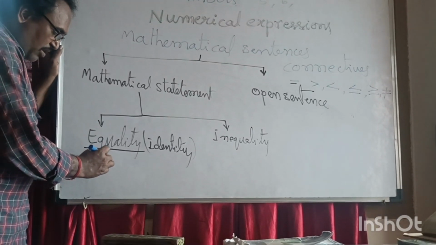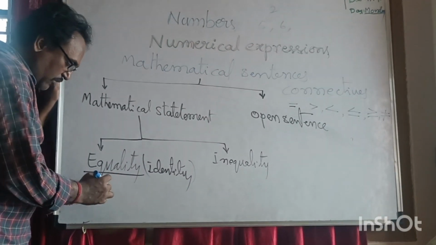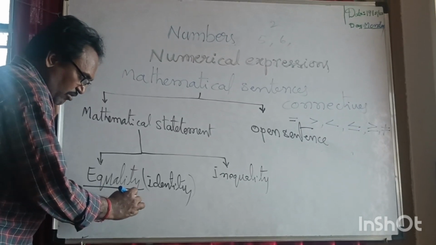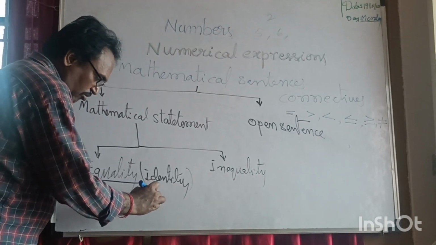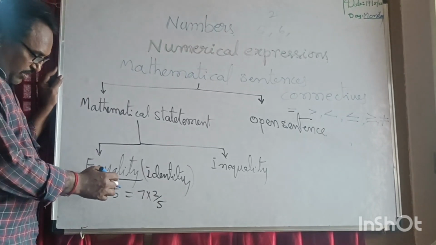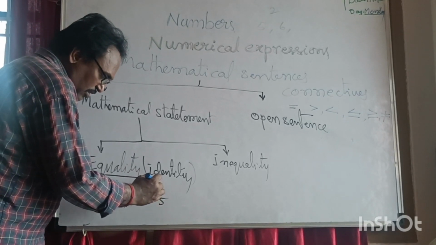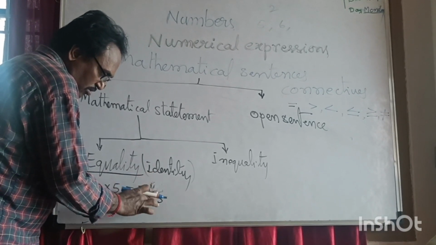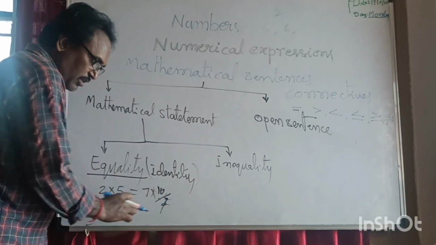For example, 2 into 5 is equal to 10, and 7 into 10 by 7 is 10.